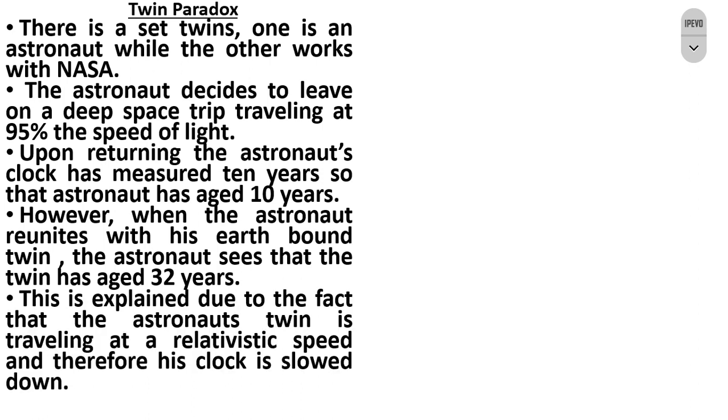This is explained due to the fact that the astronaut is traveling at a relativistic speed, and therefore his clock is slowed down. I started by showing you a certain video. When you travel at a speed close to the speed of light, time slows down.